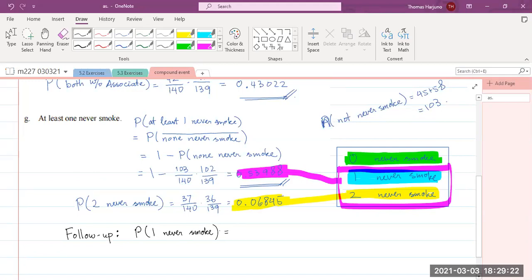Exactly one of them never smoke. I can do it this way: 0.53988, right? That's the probability at least one, okay? Minus the probability that both of them never smoke.